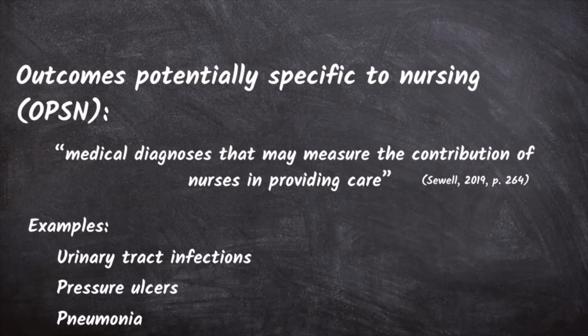These outcomes potentially specific to nurses are negative health consequences which arise from inadequate nursing presence with the patient and include urinary tract infections, pressure ulcers, pneumonia, and patient falls. The United States Department of Health and Human Services studied data from 5 million patient discharges, and the results of that study demonstrated that more registered nurses resulted in fewer occurrences of these outcomes potentially specific to nursing.